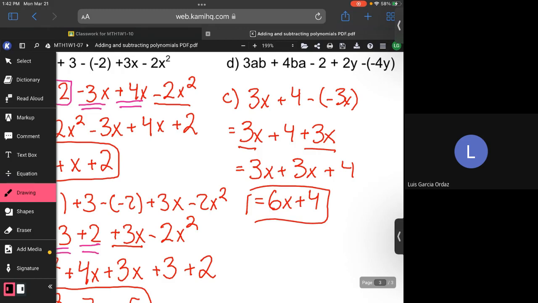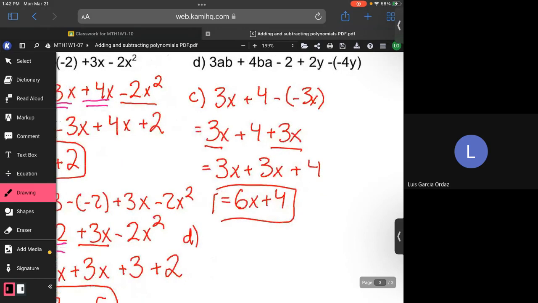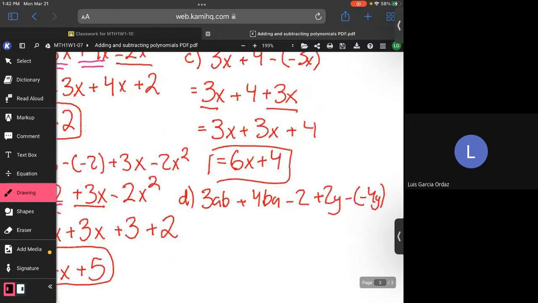So, last example, we have... are AB and BA like terms? Yes. Why?